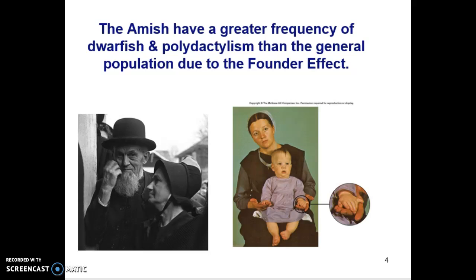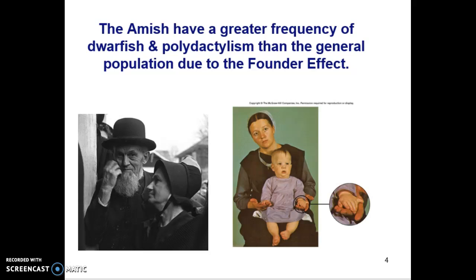They isolated themselves when they moved to countries, they tend to stay closed with their gene pool, and it causes certain allele frequencies to be different in the Amish population than the general population of people. So they're still people, no question about it. We're not calling them different, but their gene frequencies are different.